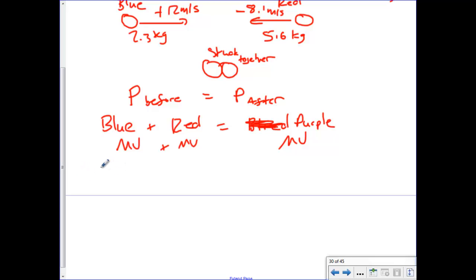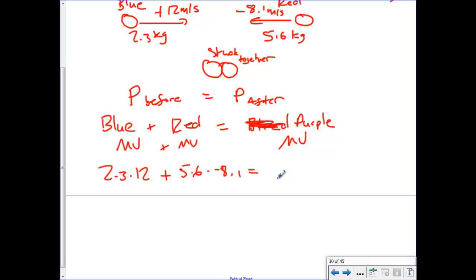So, okay, 2.3 gets multiplied by 12. And then we're going to add 5.6, which gets multiplied by negative 8.1. What do I do for the mass of the purple one? Perfect, add them together.